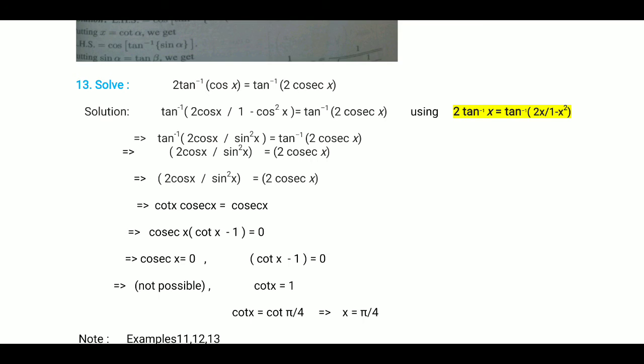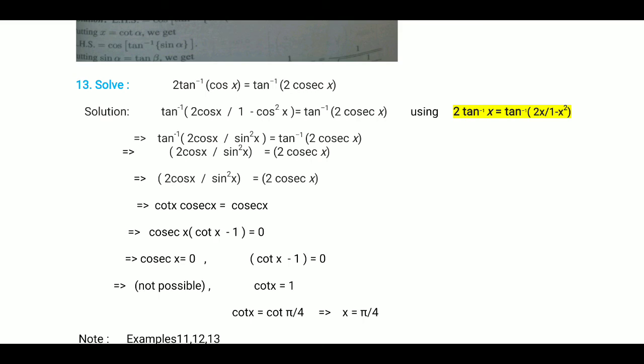Now convert this, 2 removes, cos x upon sin x becomes cot x, and 1 upon sin x becomes cosec x. So this becomes cot x into cosec x is equal to cos x.